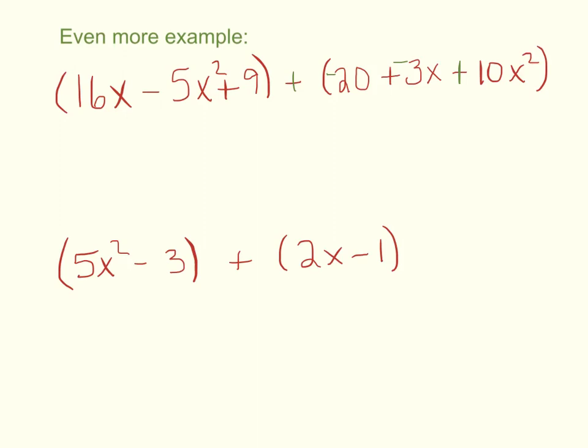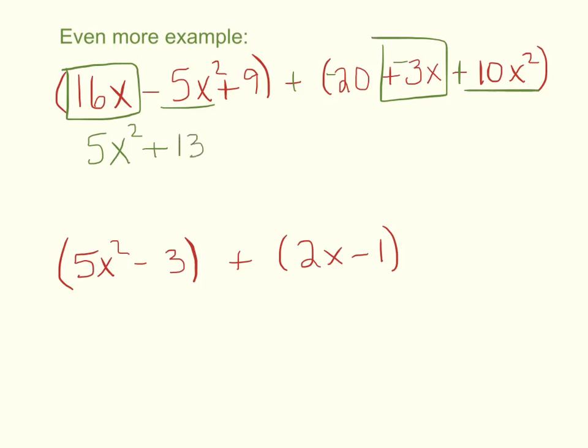My like terms are negative 5x squared and positive 10x squared, so that's 5x to the second, or 5x squared. Then I have 16x and negative 3x gives me 13x. And then I have 9 plus negative 20 is negative 11.